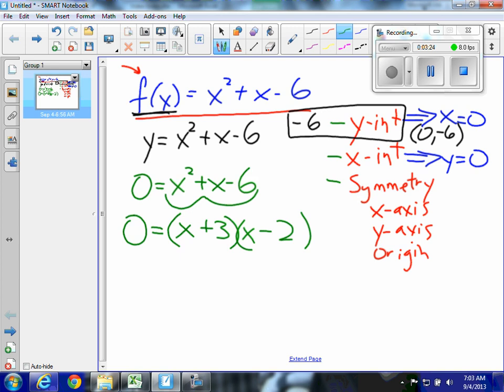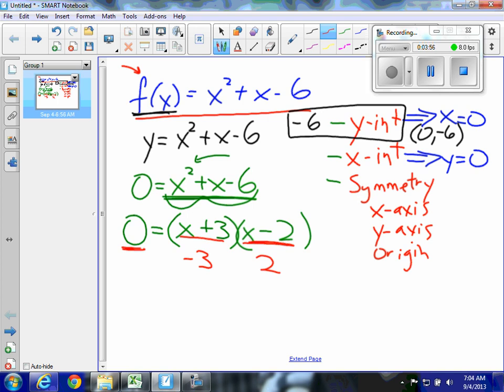So I've now factored this quadratic, because it's to the power of 2, into (x plus 3)(x minus 2). And that has to be equal to 0. There are two numbers that can make that equal to 0. If x is equal to negative 3, then this will be equal to 0, because this part will be 0, and 0 times anything is going to be 0. Or, excuse me, if x is equal to 2, then this part will be 0.